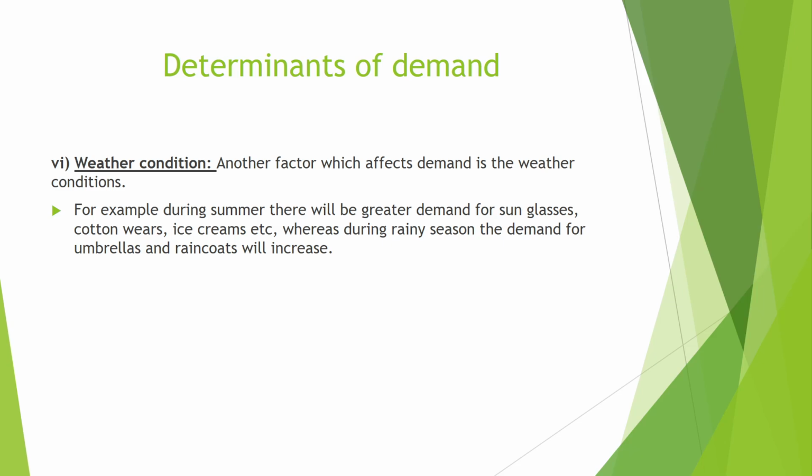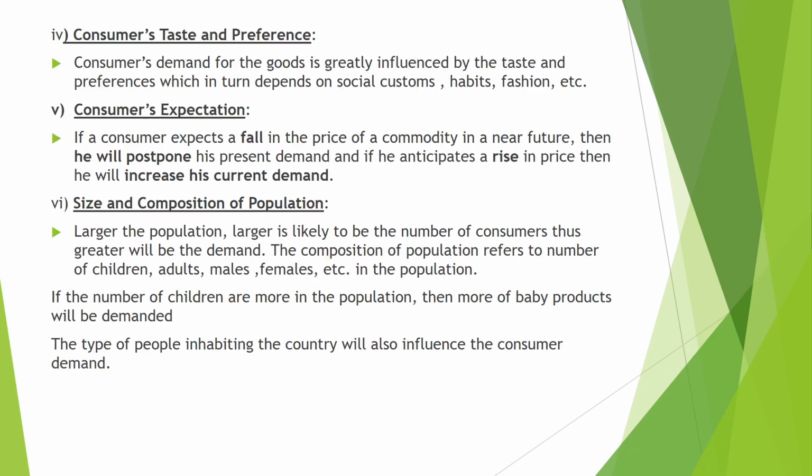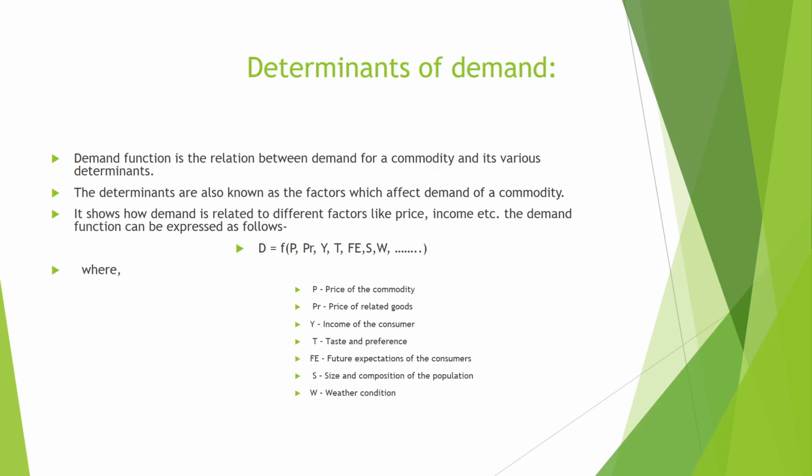So in economics, we study these factors. These are only 6, 7 factors which I have listed. There may be more. So that's why I have written the function like this: demand is equal to function of price, price of related goods, income of the consumer, then taste and preferences, then future expectation of the consumer, size and composition of the population, and weather condition, and so on.